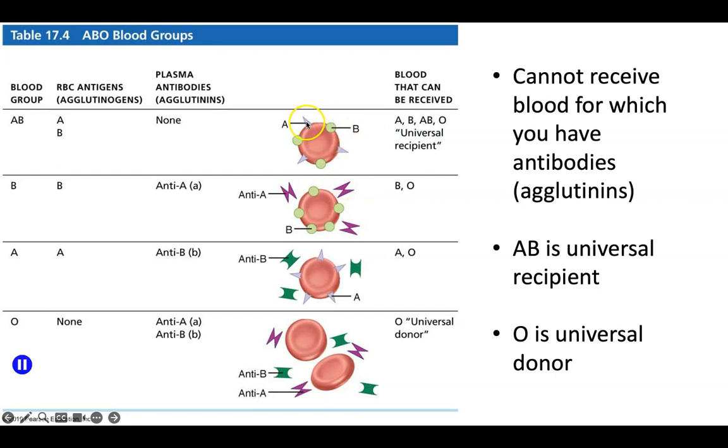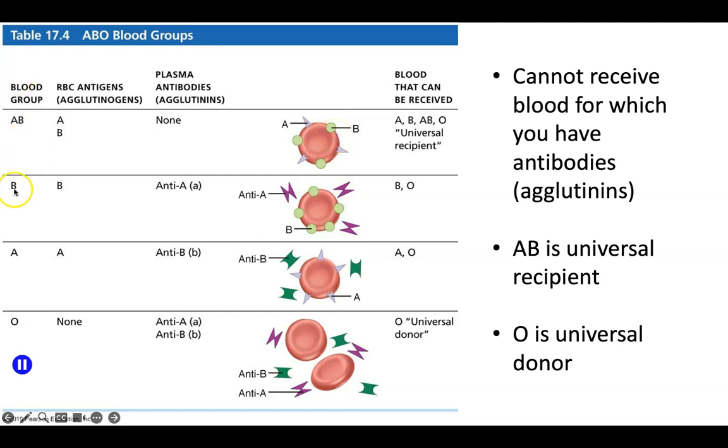So they can come along, and if you are in the AB blood group, luckily, your native plasma antibodies are not going to freak out about these particular RBC antigens, so red blood cell antigens. But bottom line, if you're in blood group AB, that means you express antigens for A and B on the surface of your red blood cells.